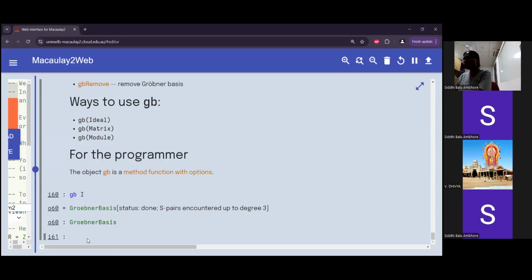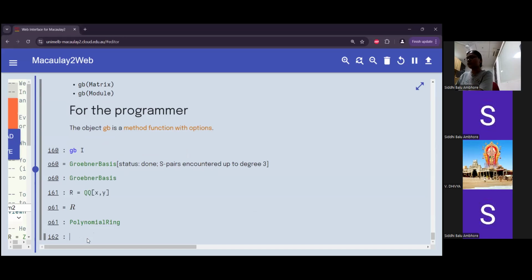What is my polynomial ring? So let us keep this polynomial ring Q[x, y]. Okay, and let us try to define this. So f is a map from, so there are multiple ways you can try to do this, from R1 to R3.